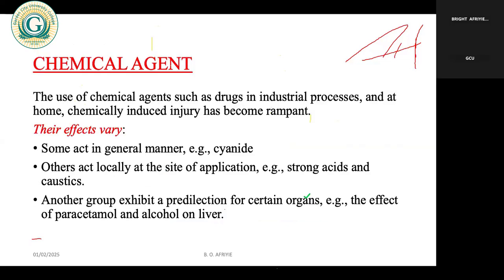And these ones span from the paracetamols we take, even the drugs we take, down to the chemicals we are exposed to at our workplaces, and also down to the pomades that people use, the bleaching creams and all that, some of which ends up destroying the melanocytes and all that.